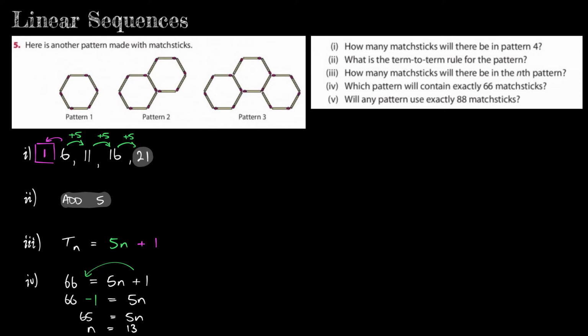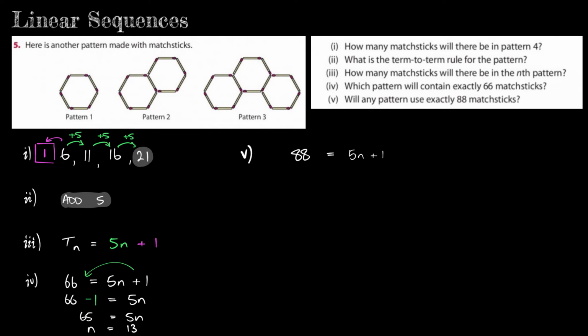Will any pattern use exactly 88 matches? So the last part there is question 5, and they want to know, will any term contain exactly 88 matches? So we're going to check to see if the outcome will give us 88. So we'll say 88 is equal to 5n plus 1.